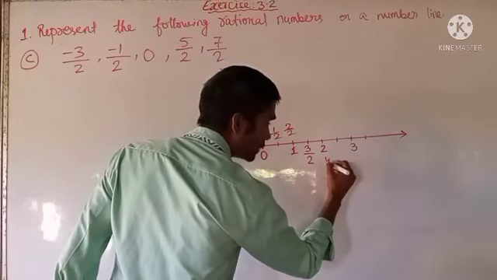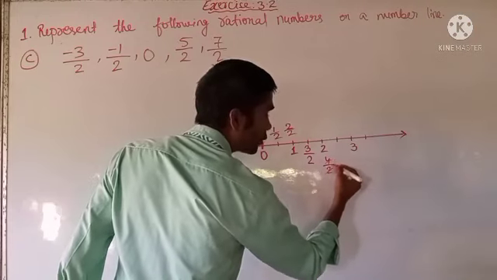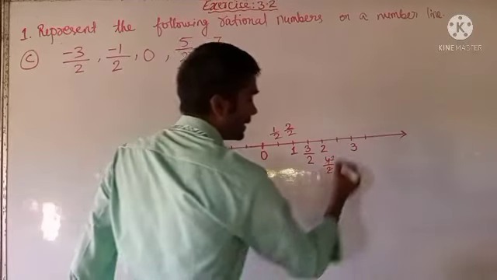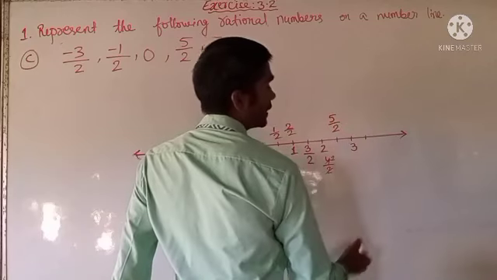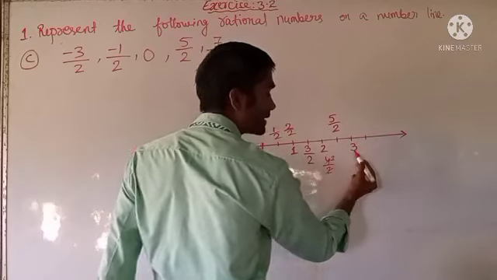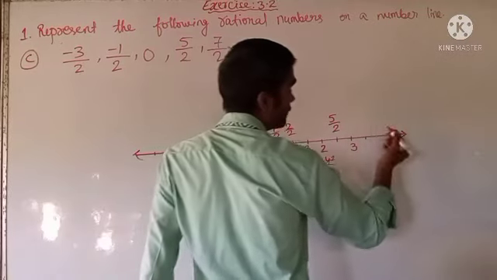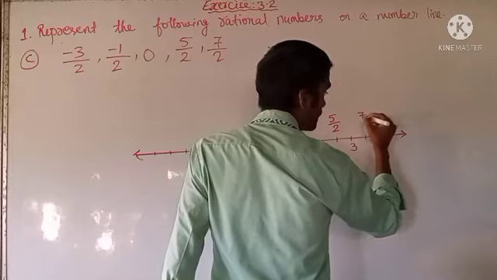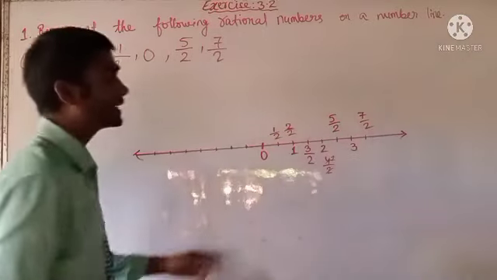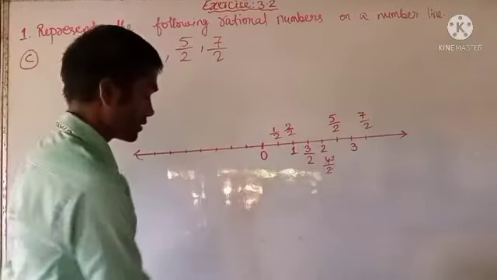Next one is 4 by 2, which is cancelled, and we get 2. Next one is 5 by 2. Next is 6 by 2, which is cancelled, and we get 3. Next if we go on, then 7 by 2. In this way we will get the positive values.